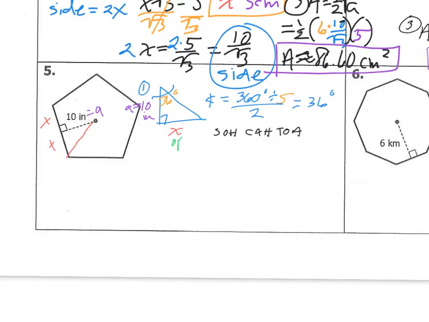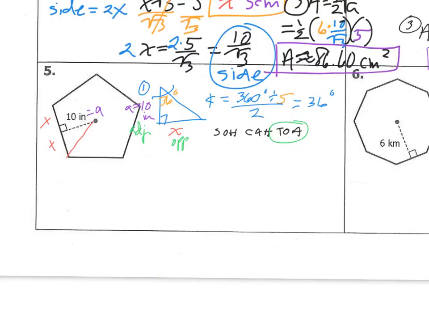This is the opposite, isn't it? What about the 10? It's adjacent. So what uses O and A? It's got to be tangent, right? So we are choosing tangent.